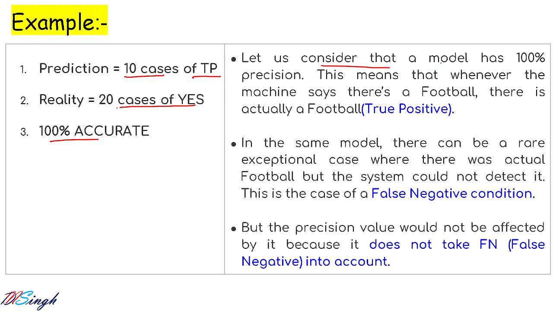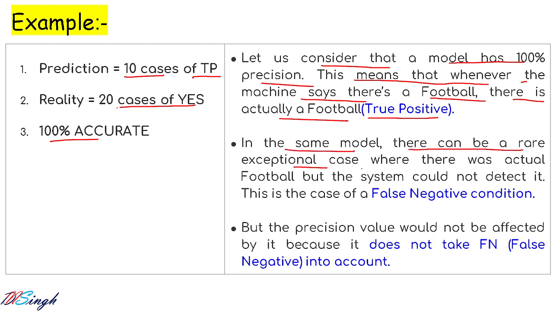Let us consider that the model has 100% precision. This means whenever the machine says there is a football, there is actually a football. Those are the true positive cases. In some models there can be rare exception cases where there was an actual football but the system could not detect it. This case is called a false negative condition.